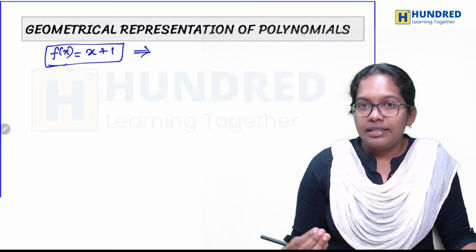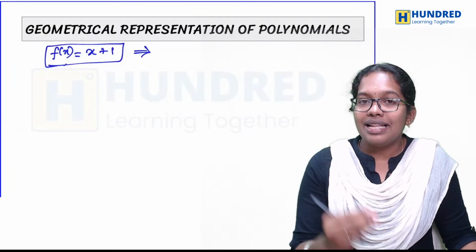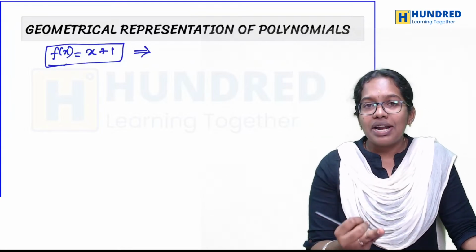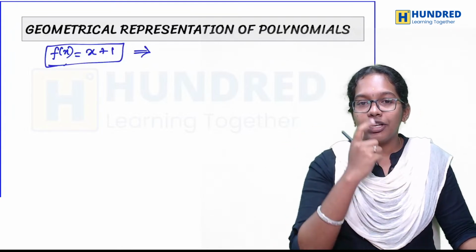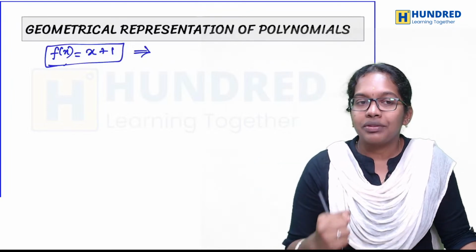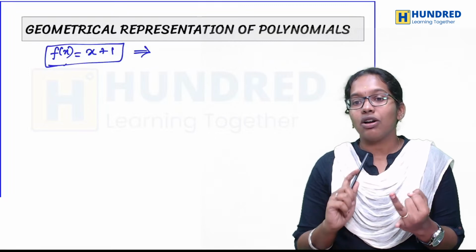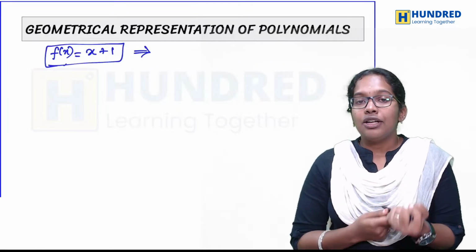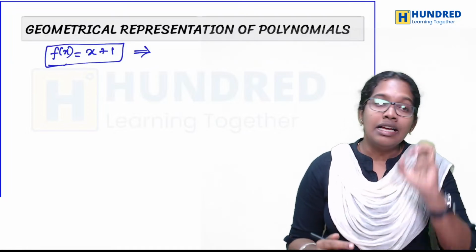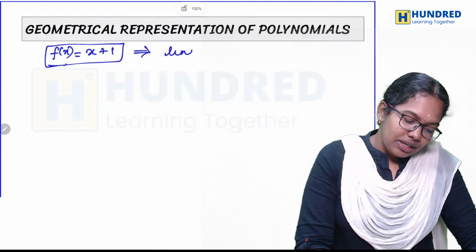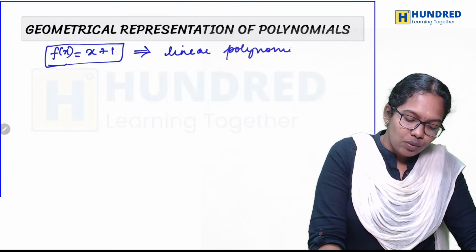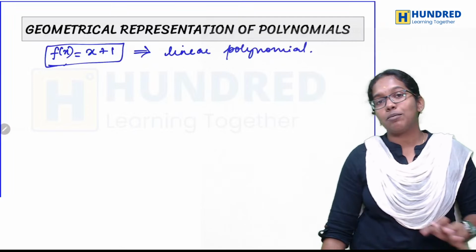Just tell me, is this polynomial a linear polynomial, a quadratic polynomial or a cubic polynomial? Is it linear, quadratic or cubic? This is a linear polynomial. Why? Because the degree of this polynomial is 1, right? So this is a linear polynomial.